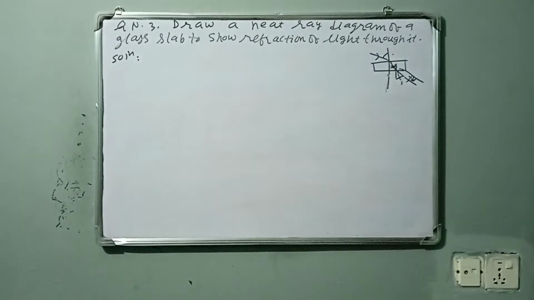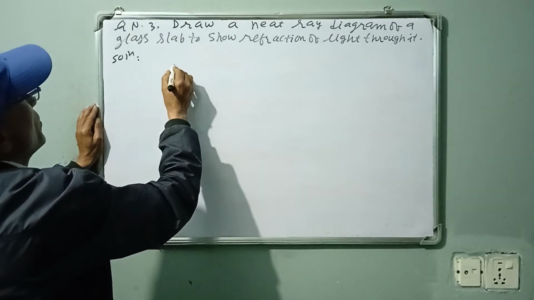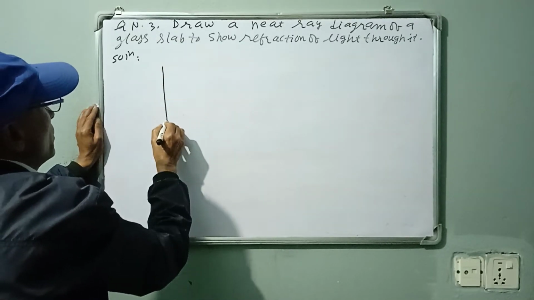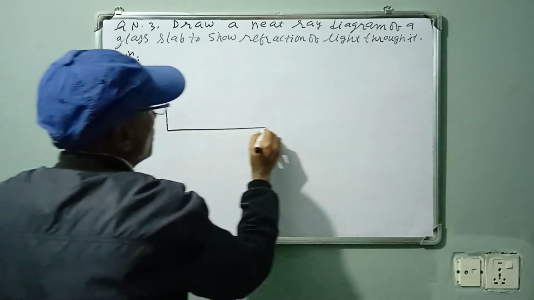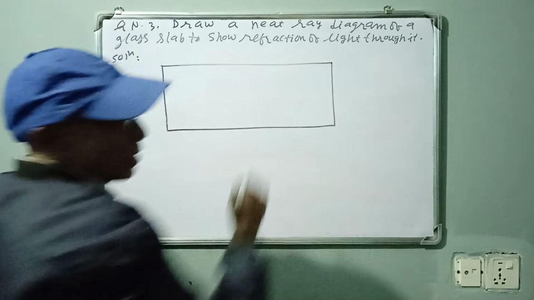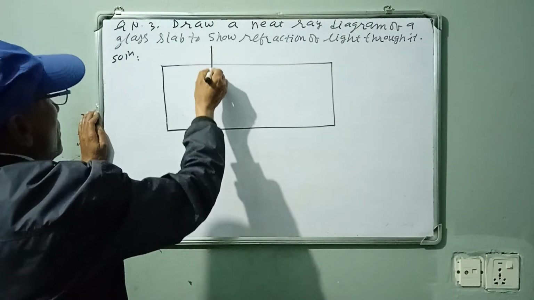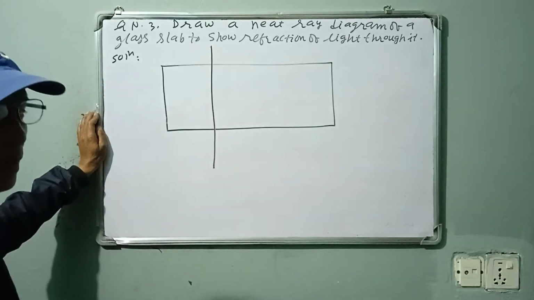So first of all, the longer one. What is this? This is a glass slab. So here, draw the normal line.